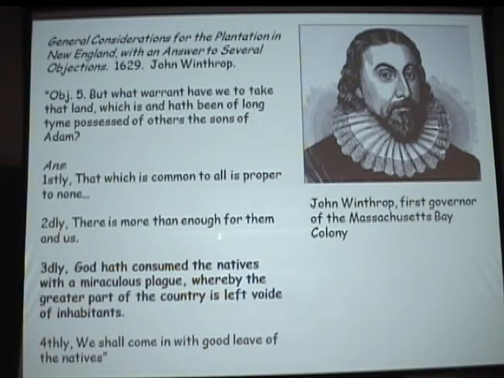There's more than enough for them and us, another argument. This is the best one. God hath consumed the natives with a miraculous plague, whereby the greater part of the country is left void of inhabitants. So in other words, they're all dead anyway, right? And there's another one. So that was John Winthrop. So he knew fully well by 1629 that there was this huge depopulation by a miraculous plague.